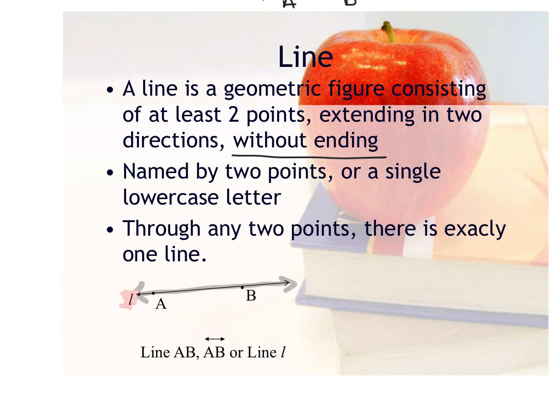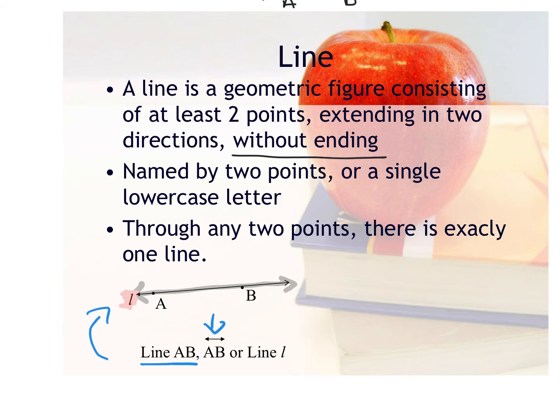Now, here at the bottom are 3 different ways to name this line that's pictured. You can either spell out the word L-I-N-E and then name 2 points on it. Instead of writing the word L-I-N-E, you can draw a picture of a line on top of the 2 points.